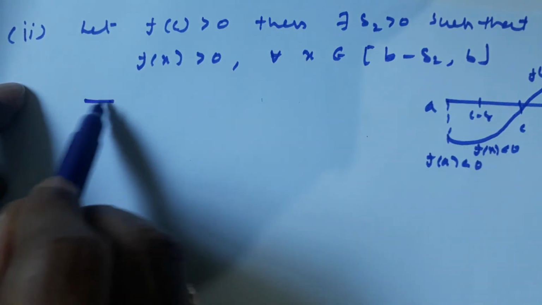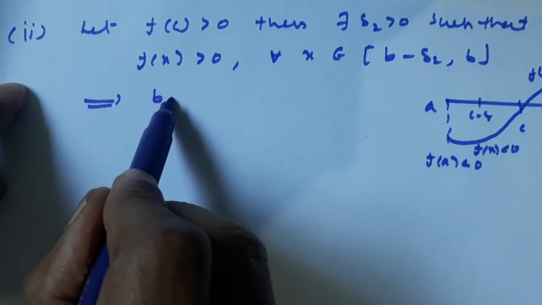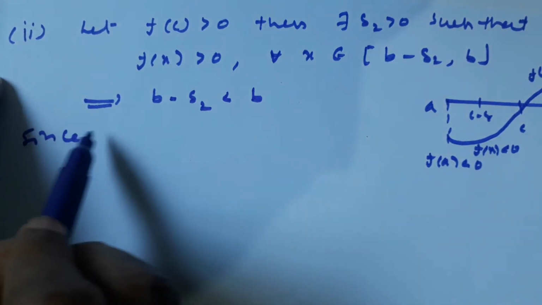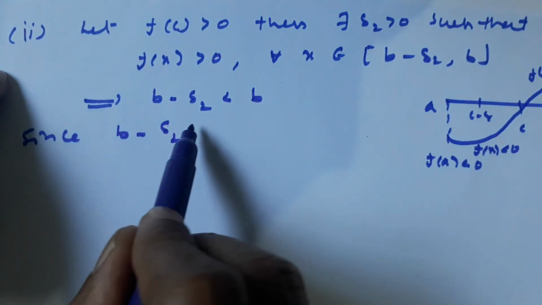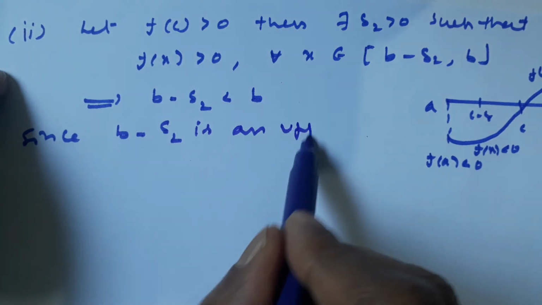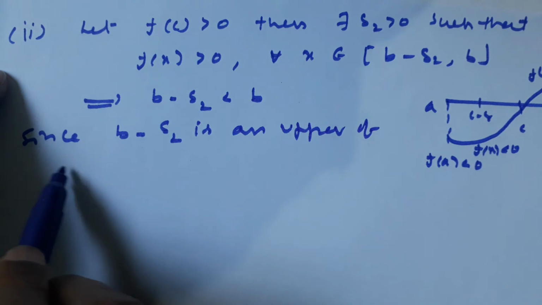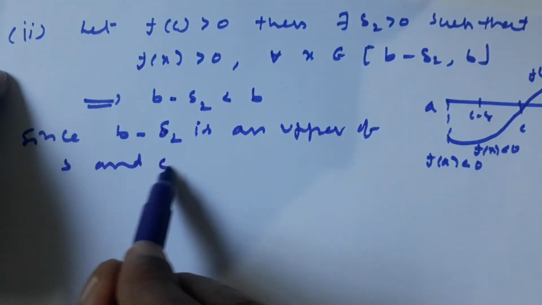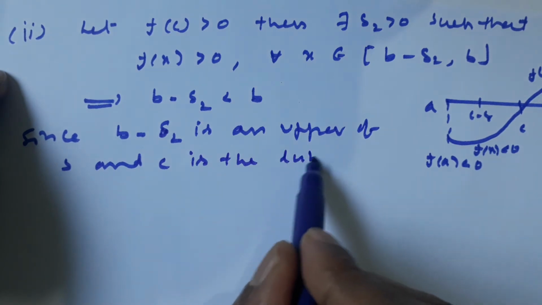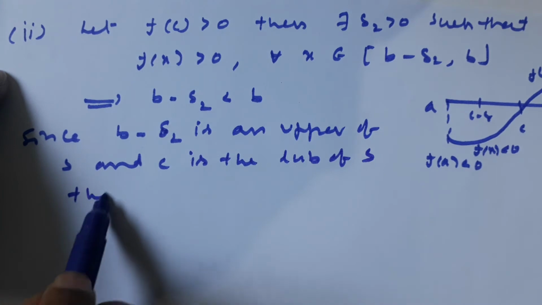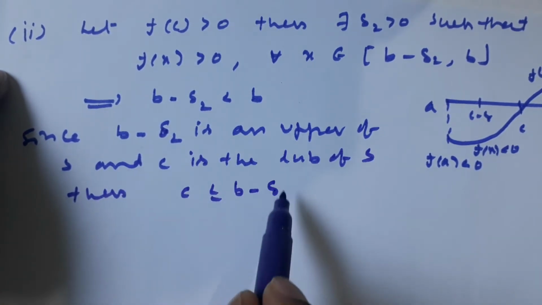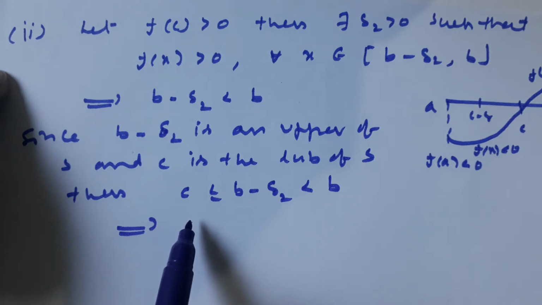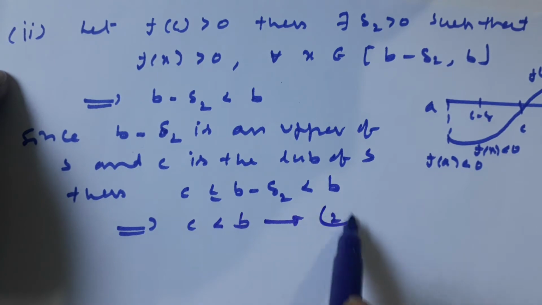Whenever it is like this, this implies B minus delta 2 is less than B. Since B minus delta 2 is an upper bound of S, and C is the LUB of S, then C is less than or equal to B minus delta 2, which is less than B. This implies C is less than B. Take this as equation 2.